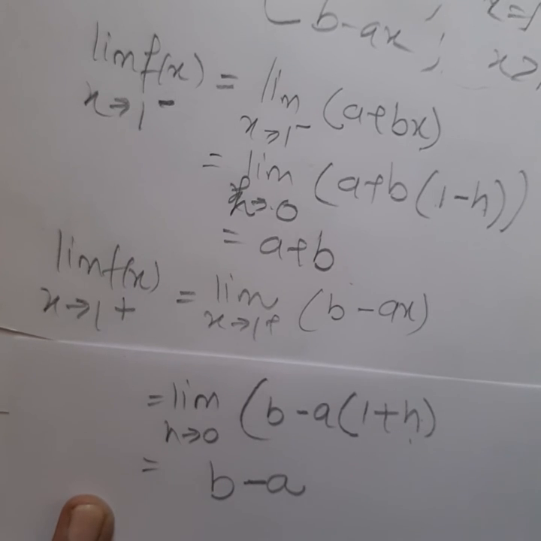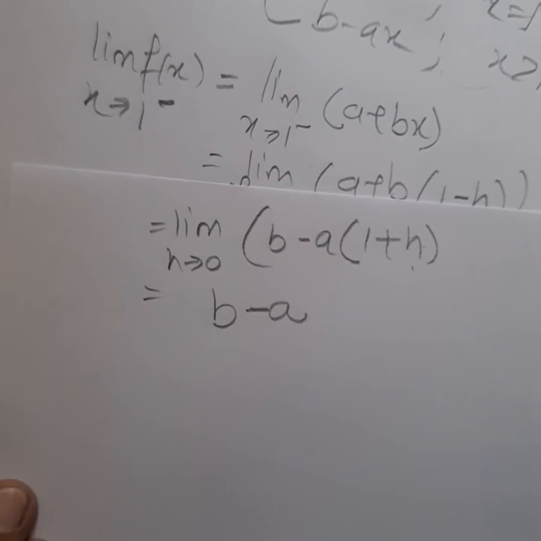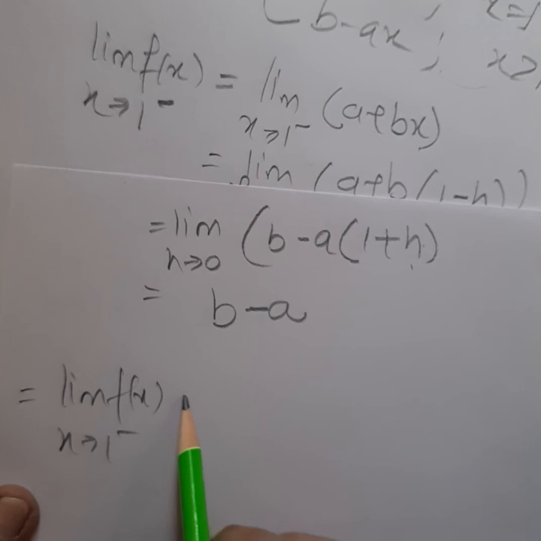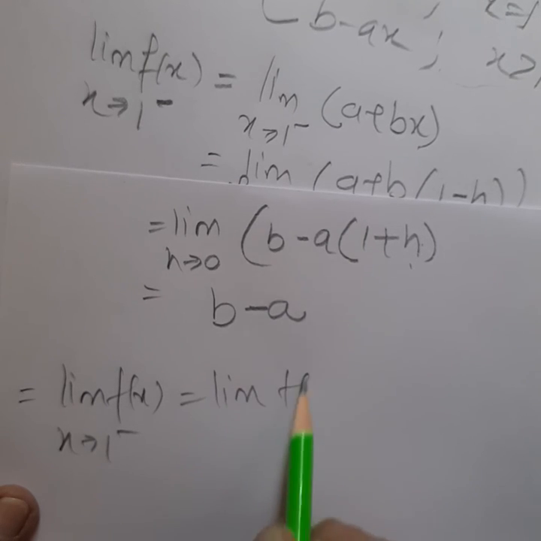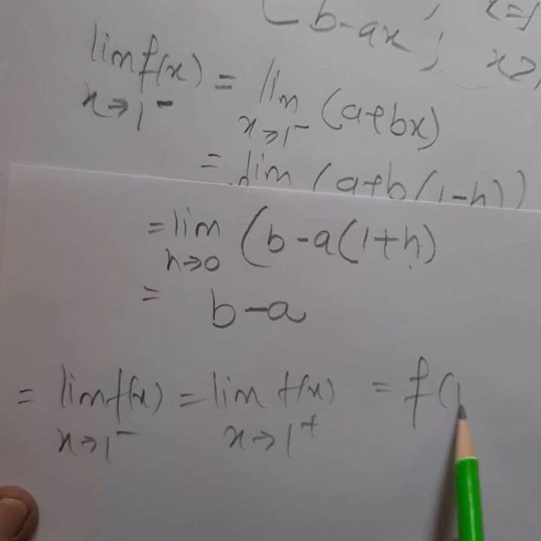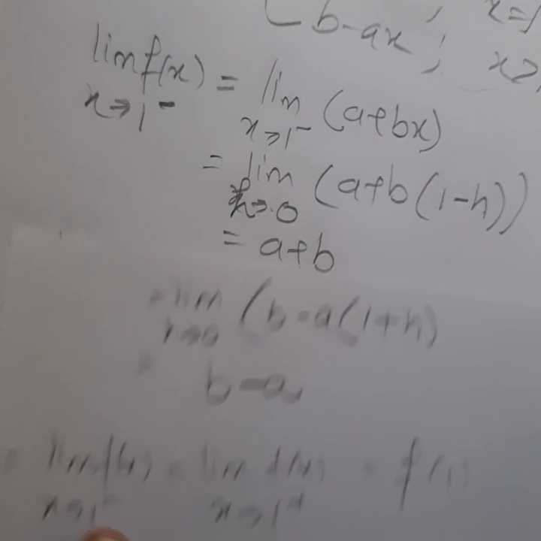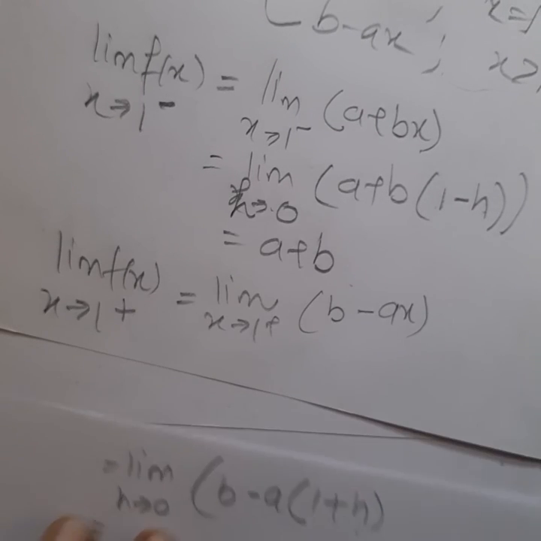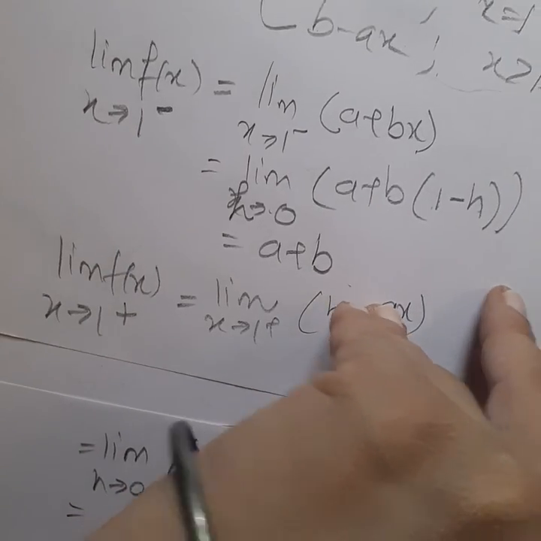We are given that the function is continuous, so you can apply the condition: the limit of f(x) as x tends to 1 negative, the limit of f(x) as x tends to 1 positive, and f of 1. In this question we are directly given the value of f of 1, students.